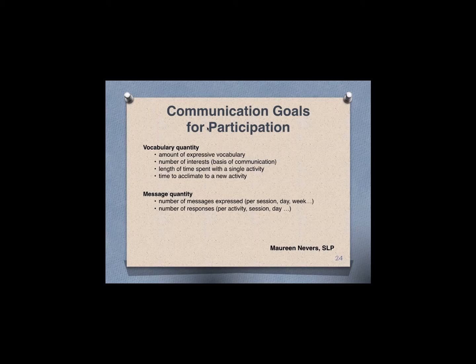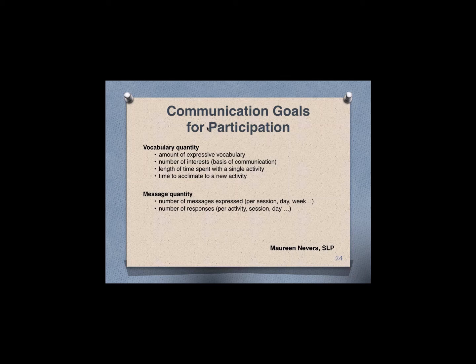And so once kids are starting to use a system expressively, now we can start looking at things like the total number of vocabulary words that they're using, or the number of interests that they're communicating. So maybe their very first symbol is to request something to eat, or their very first symbols with some of our kids this summer were words like funny or stinky or silly or fart, where they found words that got a big interaction with other people.